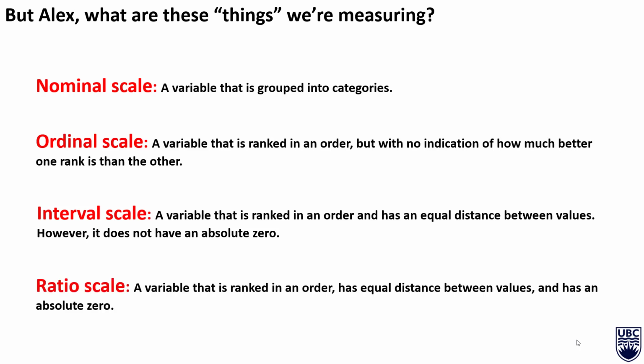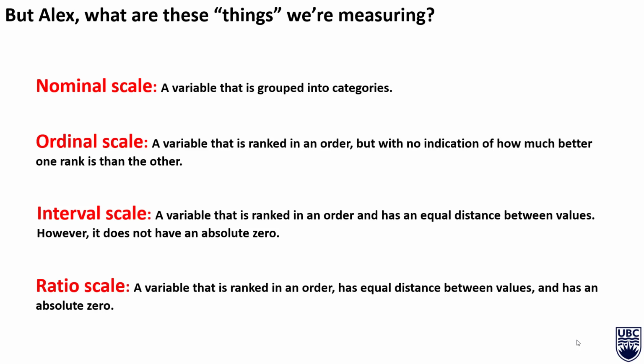So ratio scale still has a variable that is ranked in an order. It still has equal distance between values, but this time it has an absolute 0 value. So for example, if we go back to our height example, if you have a height of 0, you have no height, right? So if you're measuring somebody's height, it couldn't possibly be 0 or below 0 because that just doesn't make any logical sense.